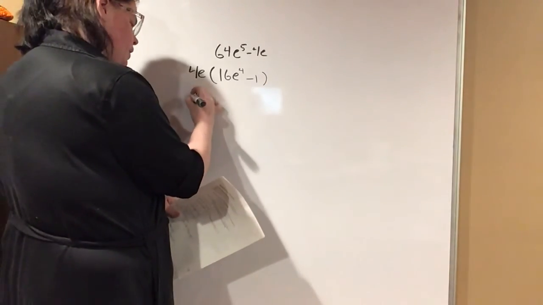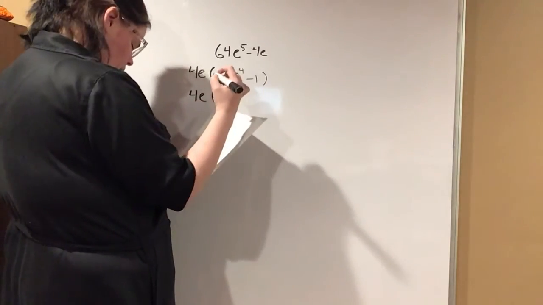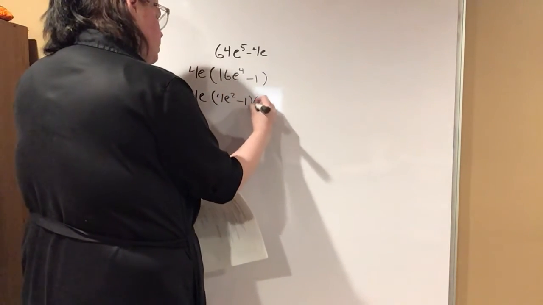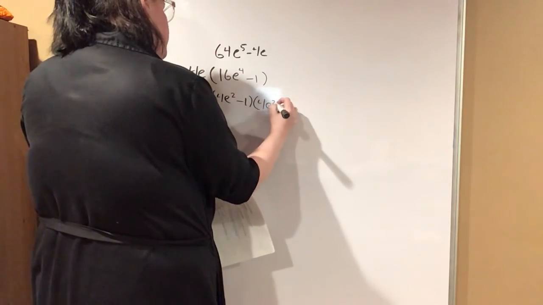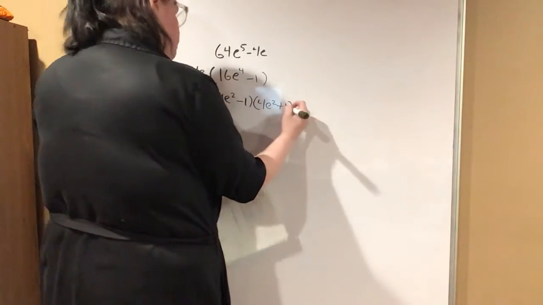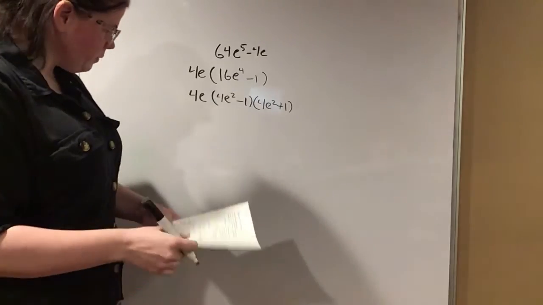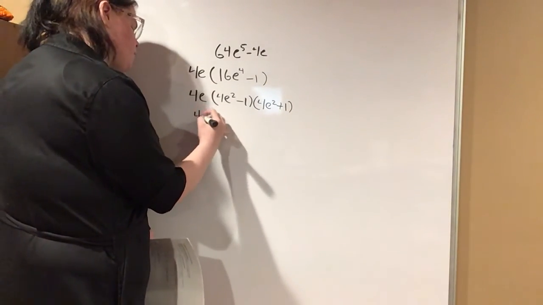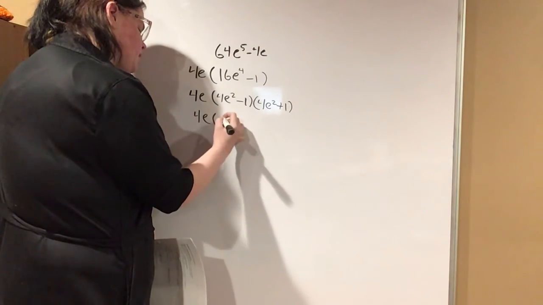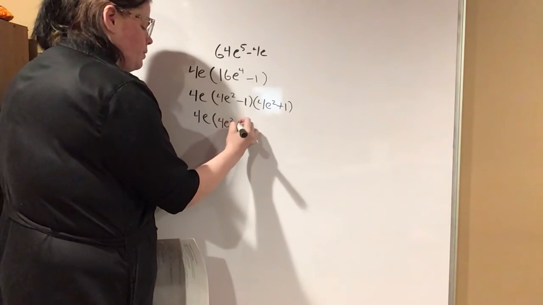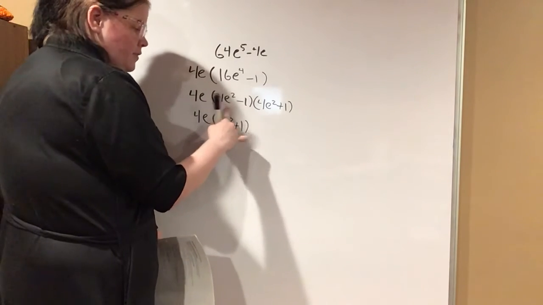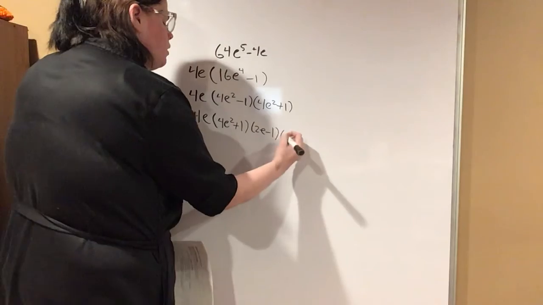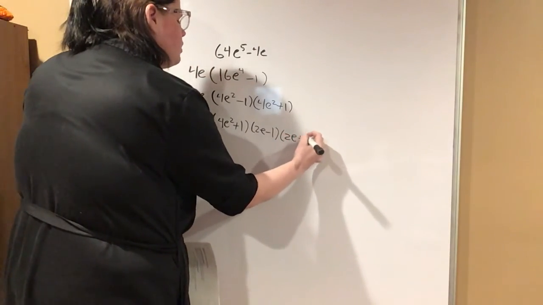So I have a 4e out here, and then I have 4e squared minus 1 and 4e squared plus 1. But keep looking, we're not done yet because this is also a difference of squares. So then I have a 4e, I'm going to put this guy first, 4e squared plus 1. This is a difference of squares, so now it's 2e minus 1 and 2e plus 1.